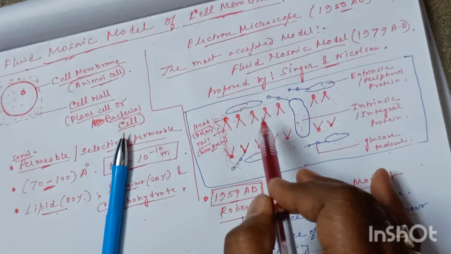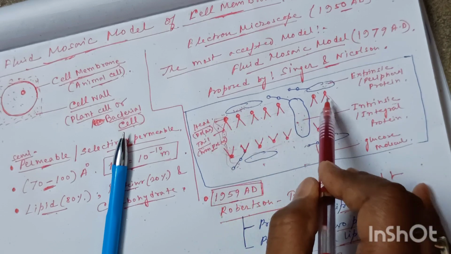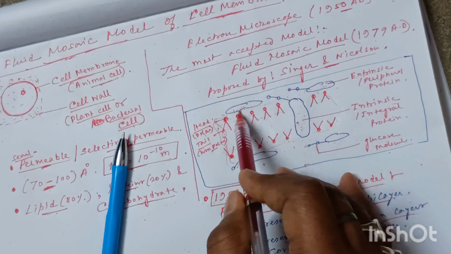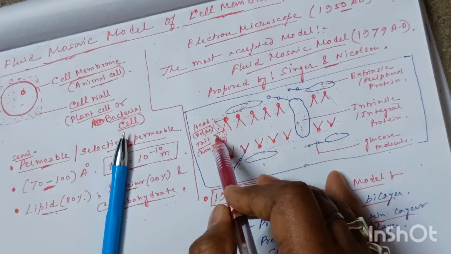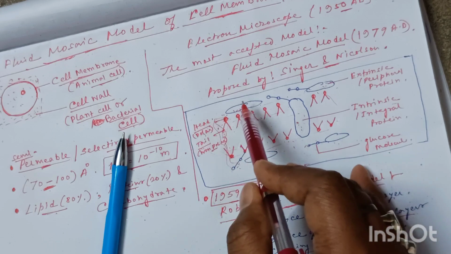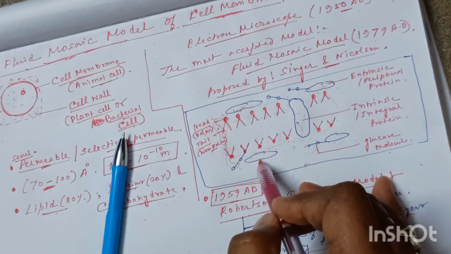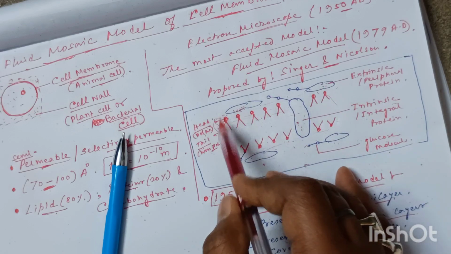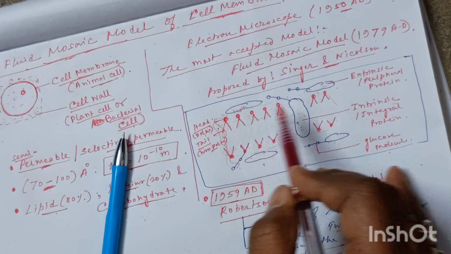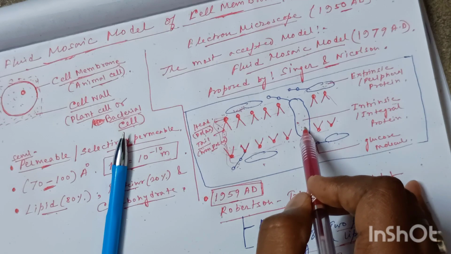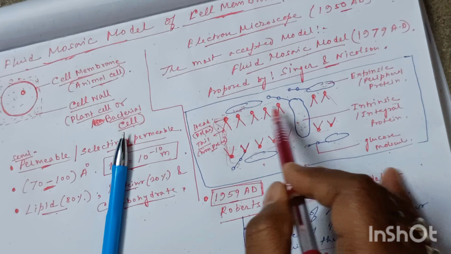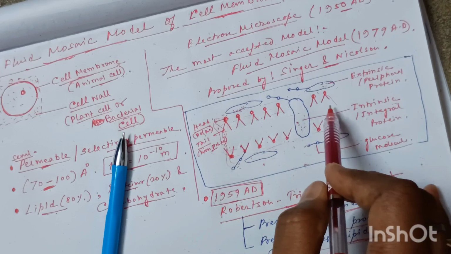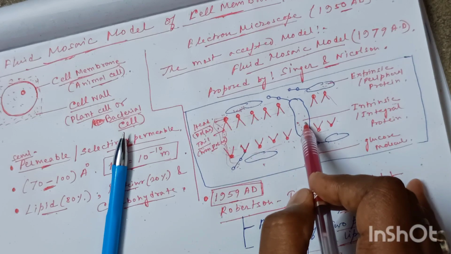As the lipid layer undergoes lateral diffusion, the protein part also moves rapidly from here to there. If we remove the extrinsic protein, the main structure of the cell membrane cannot be disrupted or changed. But if we remove the integral protein from the lipid bilayer, the total structure of the cell membrane gets disrupted.